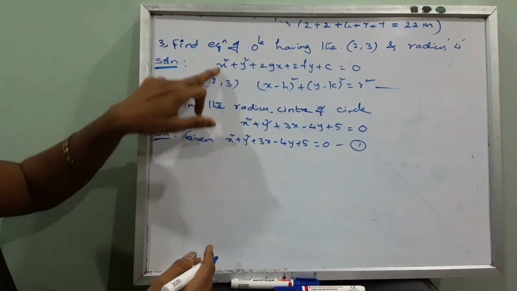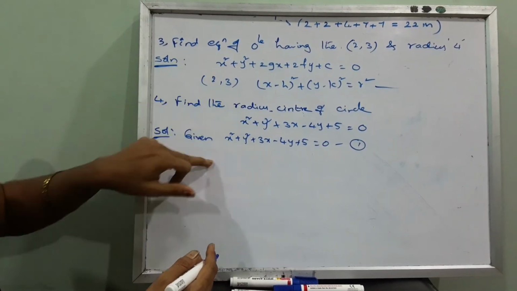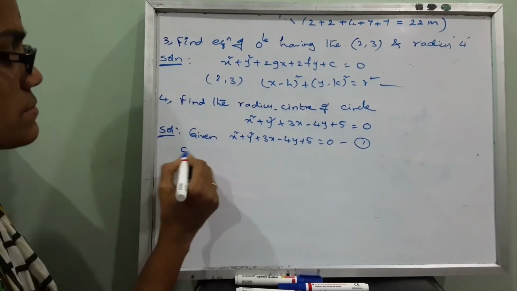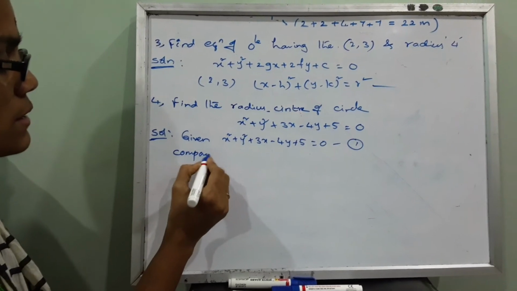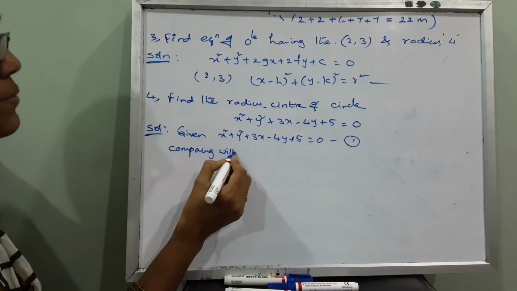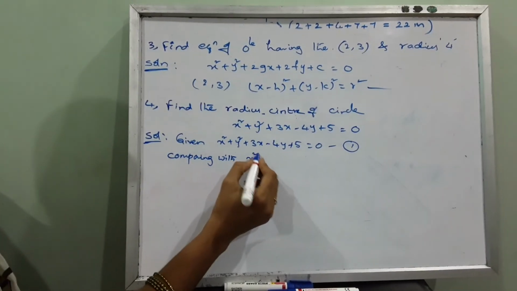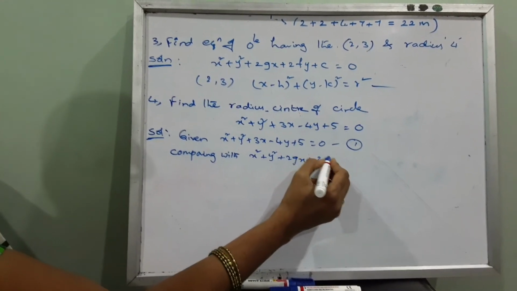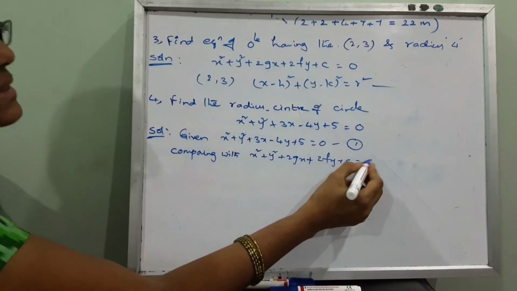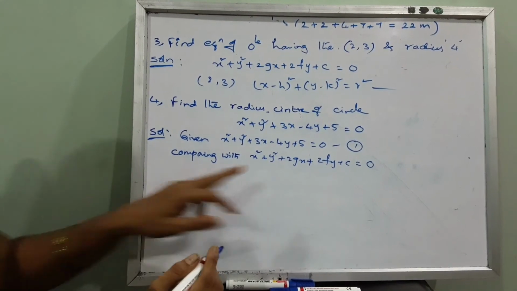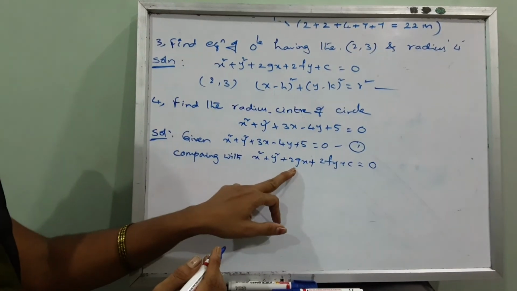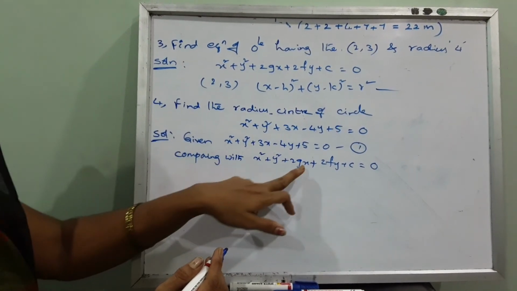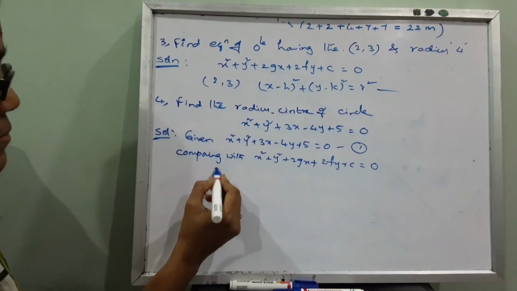Now comparing with the general equation of a circle, x square plus y square plus 2gx plus 2fy plus c is equal to 0. Comparing both, here the x coefficient is 2g.